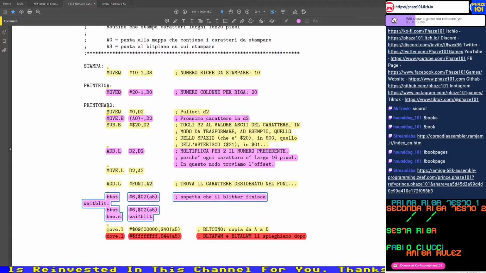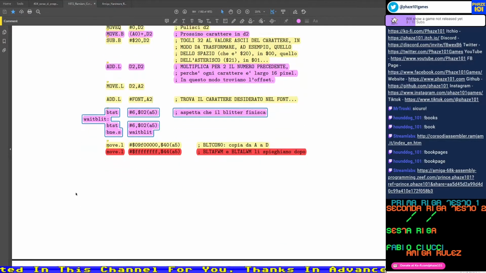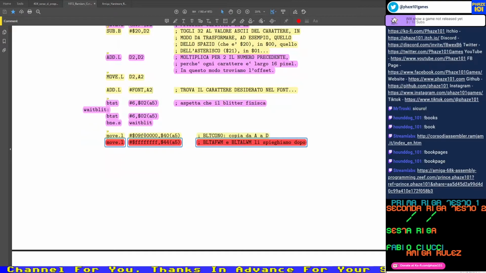We test that the blitter is not doing anything, as always, and then we start the initialization of the blitter. As always, we are setting BLTCON0 and BLTCON1, in this case with channels A and D, and the minterm of F0. The mask for channel A is all F's.